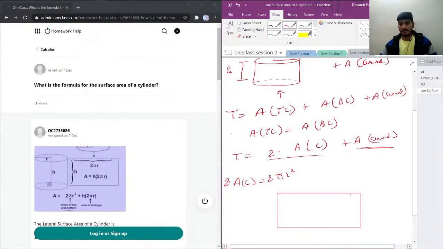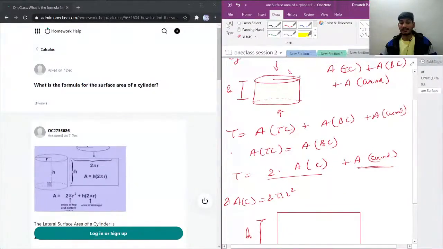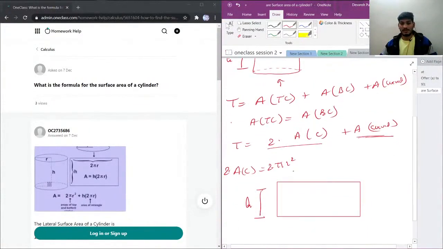Now the height of the cylinder is going to be the breadth of my rectangle. The length of the rectangle is going to be the circumference of the circle, because when we open a cylinder, the circumference of the circle becomes the length of my rectangle.